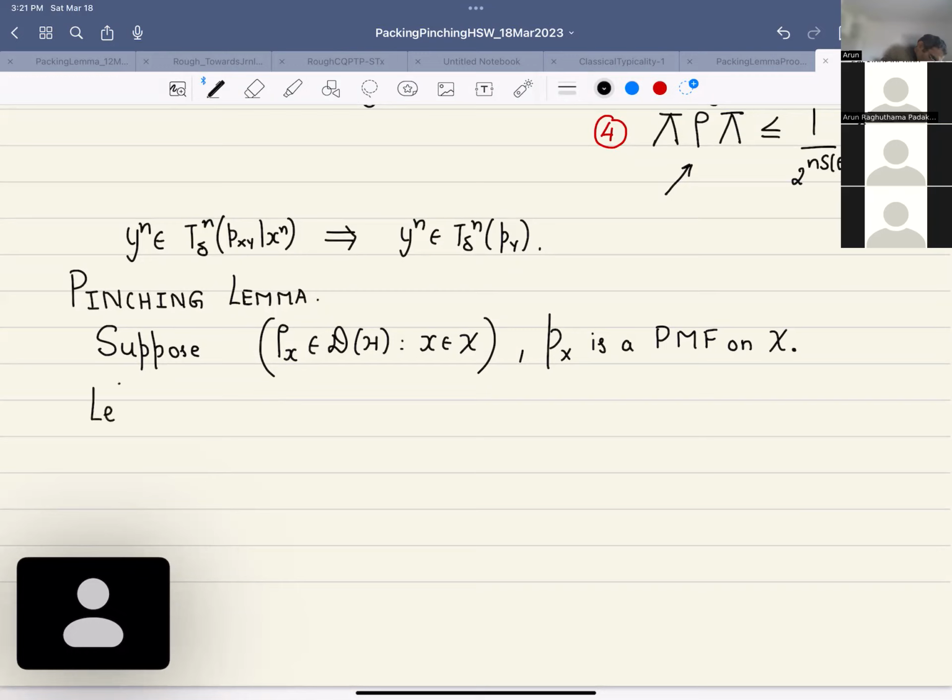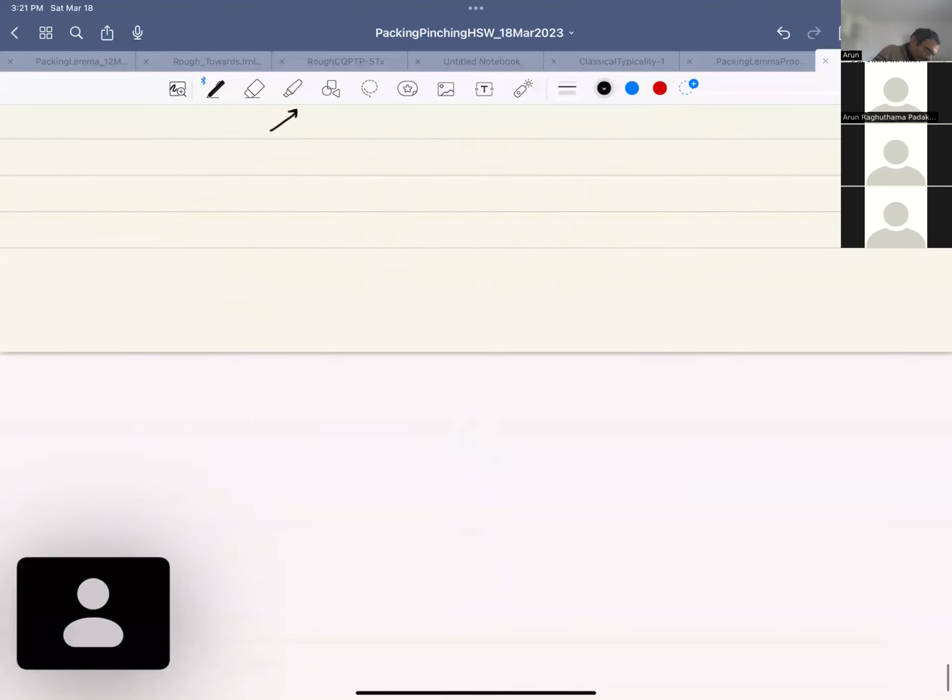Let rho x's have a spectral decomposition with Qy given x and Ey given x. We just wrote it this way so that it's convenient for us, and I particularly used a different Q here.